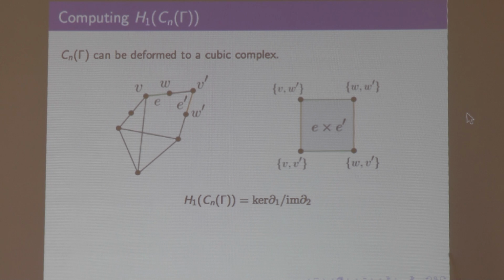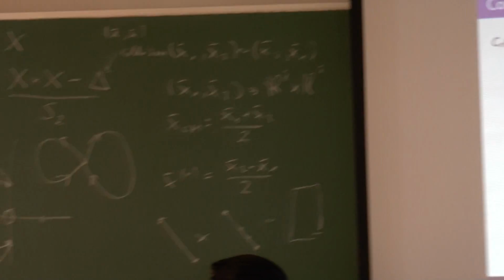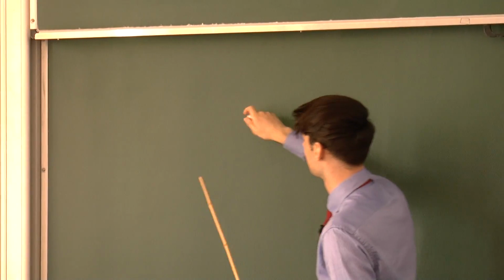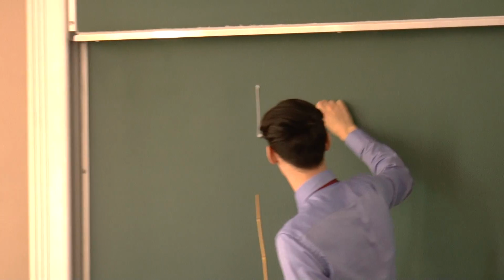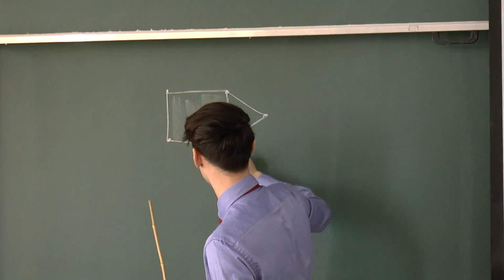Another definition of the first homology group is that we have a boundary map, and we look at the kernel of this boundary map, which means we are looking for one-dimensional cycles in this complex, and we identify them by looking at the image of the boundaries of two-dimensional cells. Let me show an example. Suppose this is our complex, and this thing is filled inside.